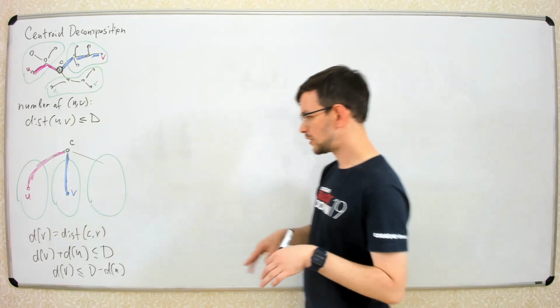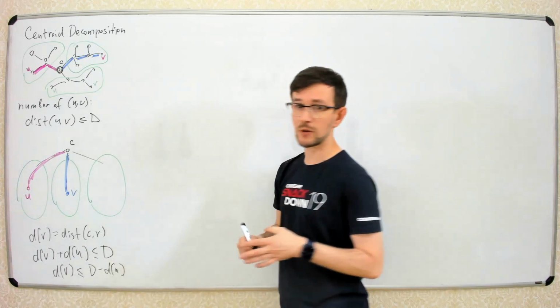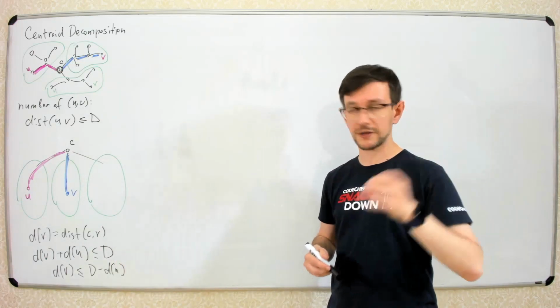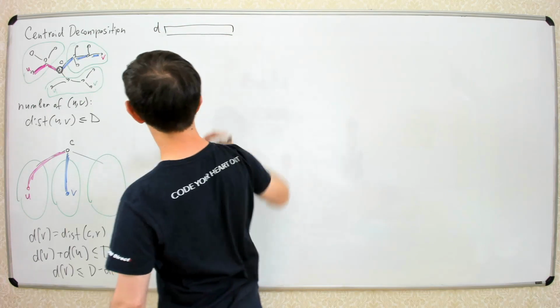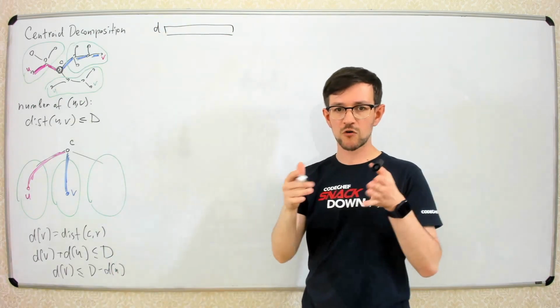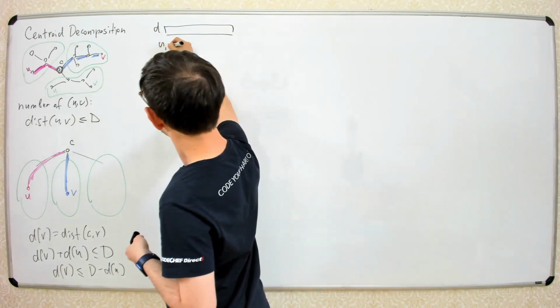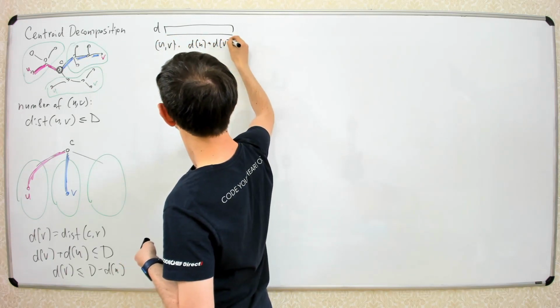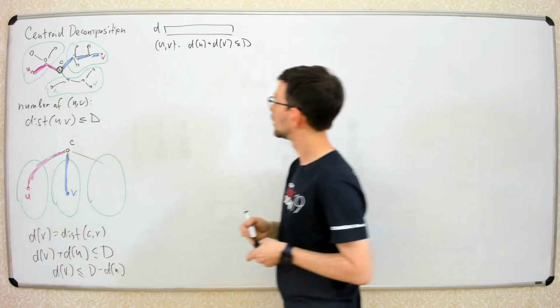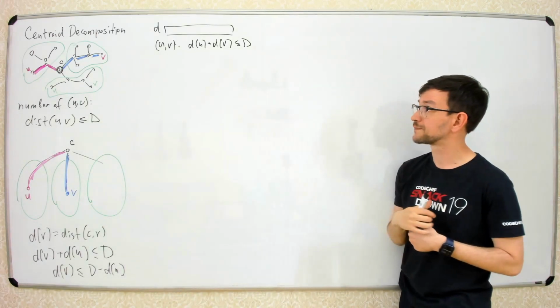Let's solve this problem first. For example, you have some array D, and you want to calculate the number of pairs U, V such that D_U plus D_V is no more than D. So how to calculate this?